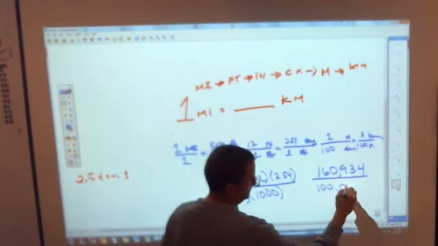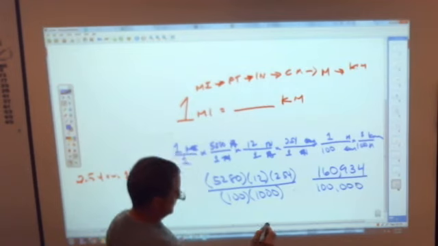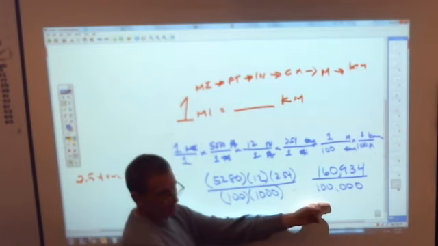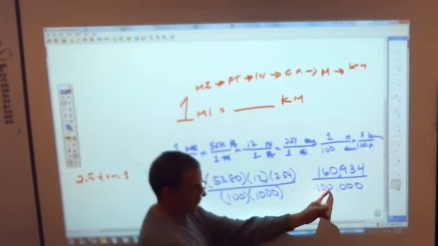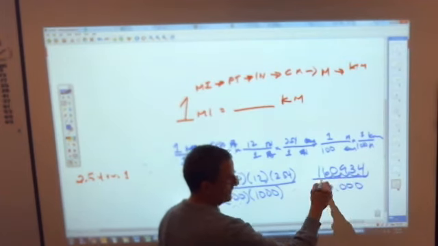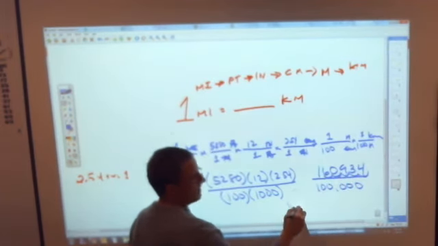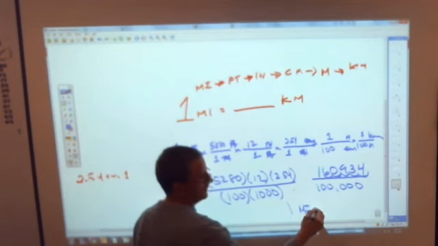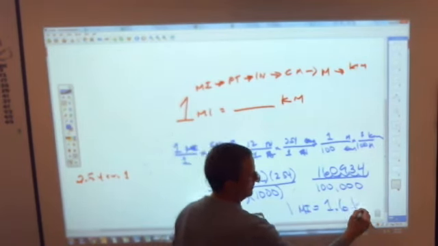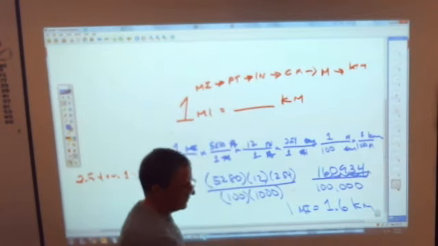Is that right? And you should be able to do the math there, because mental math, what do I have to do? Just move the decimal 1, 2, 3, 4, 5 places backwards. 1 mile equals 1.6 kilometers. We'll just leave off that extra stuff there.